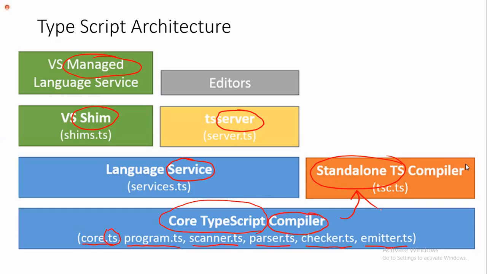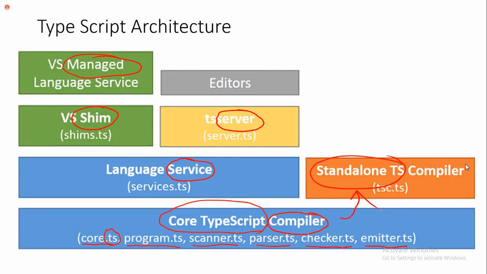So the TypeScript core compiler will identify all the problems you wrote in the TypeScript code. If it is free of errors, then it is ready to be transcompiled. That means another compiler will come into the picture, that is the standalone TS compiler.